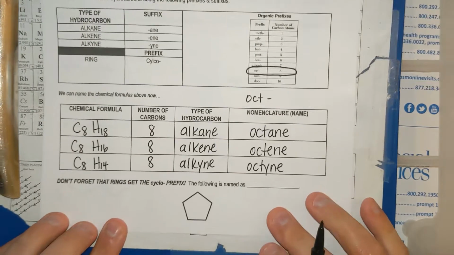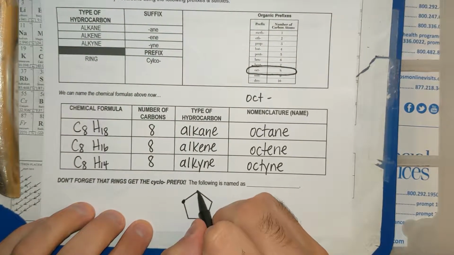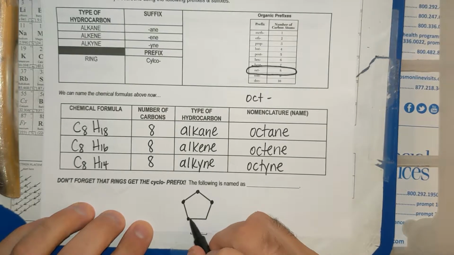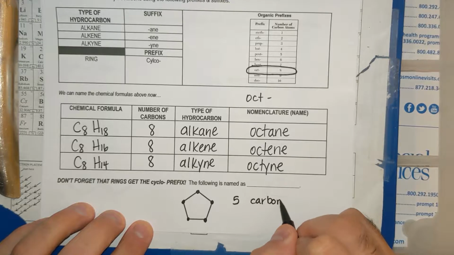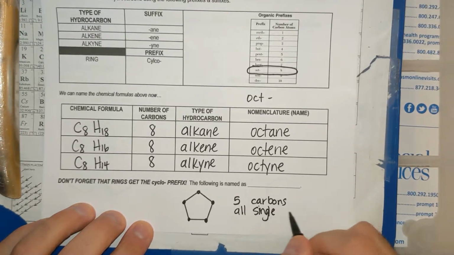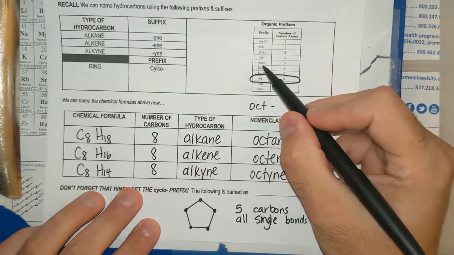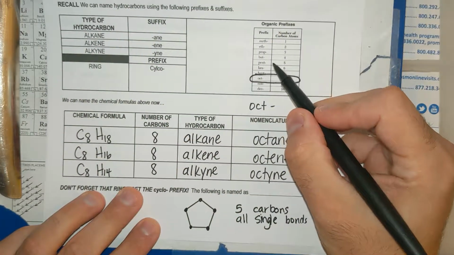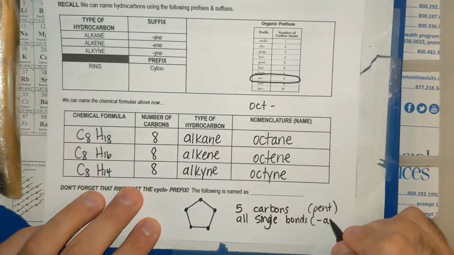Don't forget that rings get the cyclo prefix. So the following, I have 1, 2, 3, 4, 5. There's 5 carbons. They're all single bonds. So 5 carbons up here in the table gets pent. All single bonds ending in ane.